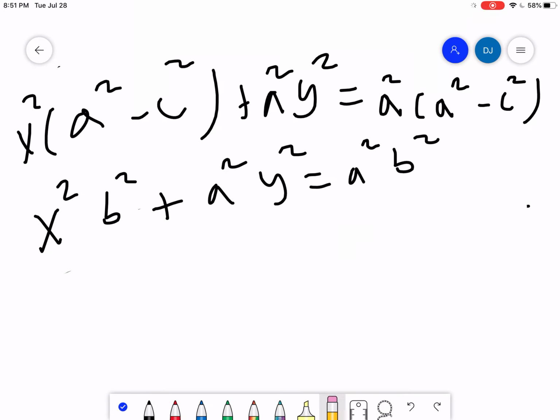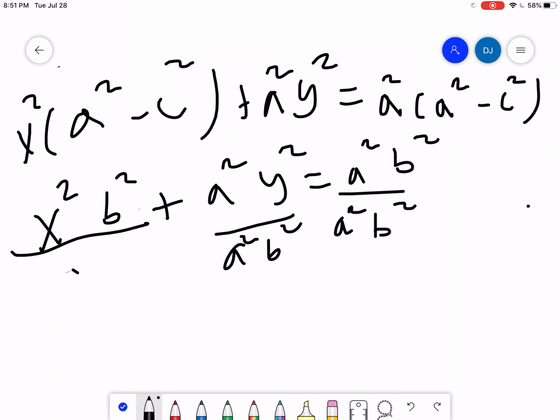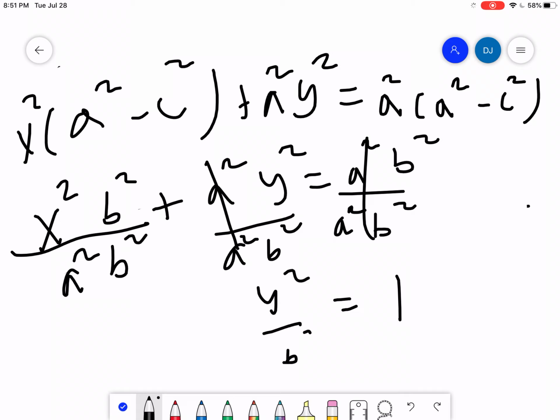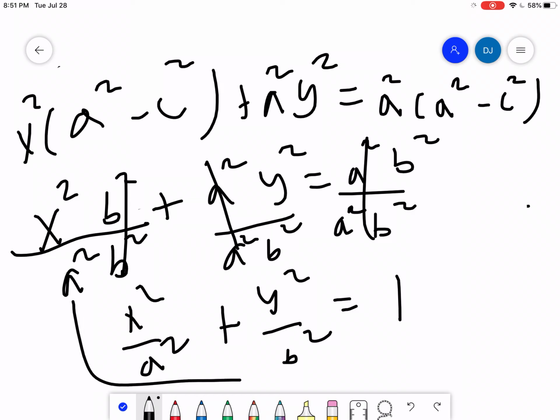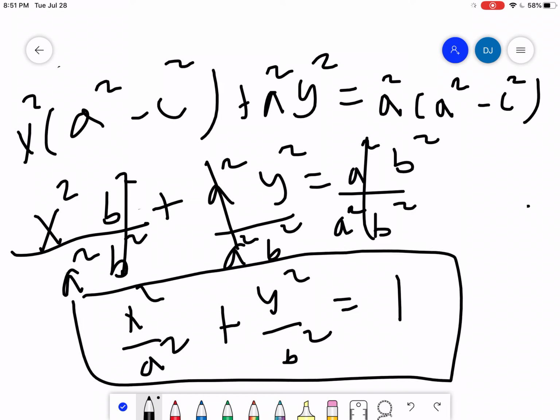Now we divide both sides by a squared b squared, because we're trying to get a 1, and we're going to get our standard form. The right side cancels out to 1, the a squared and b squared cancel out to leave y squared over b squared, and we get x squared over a squared. And we have simply derived the standard form.